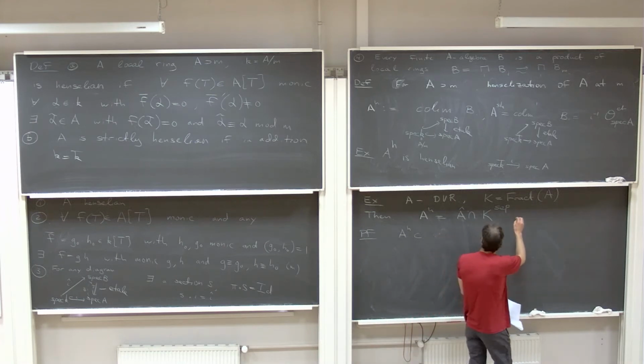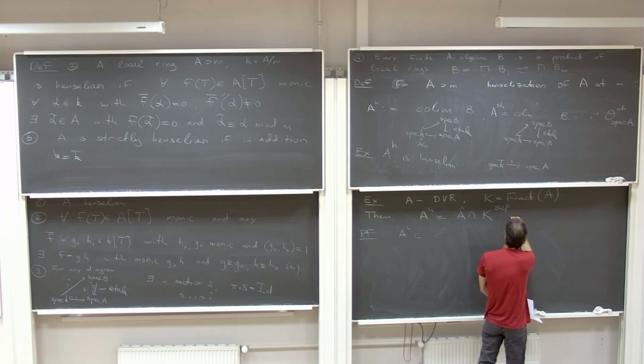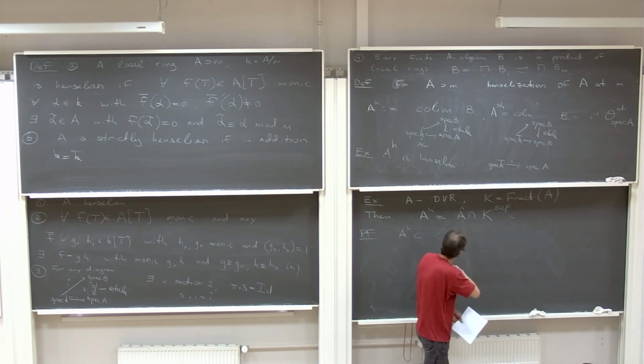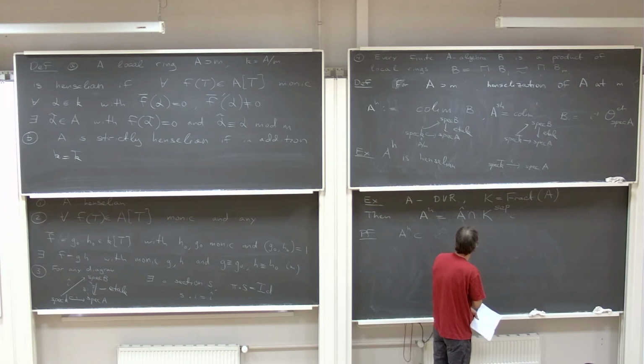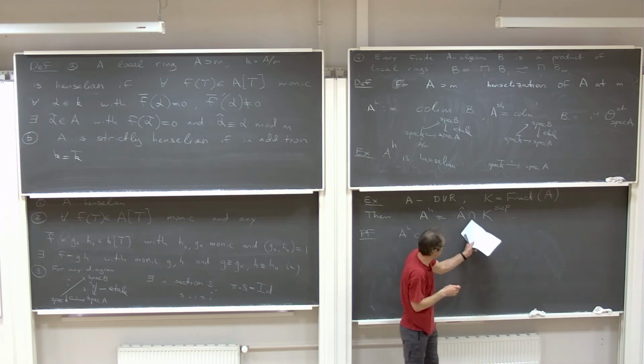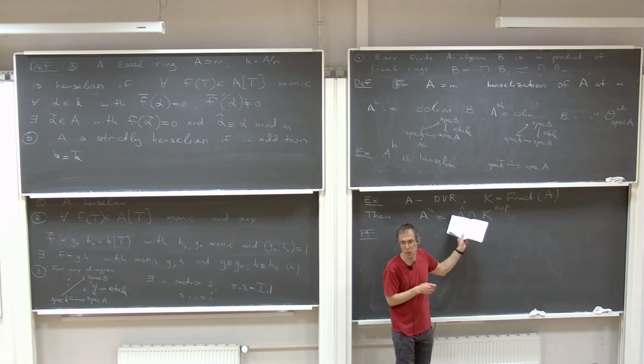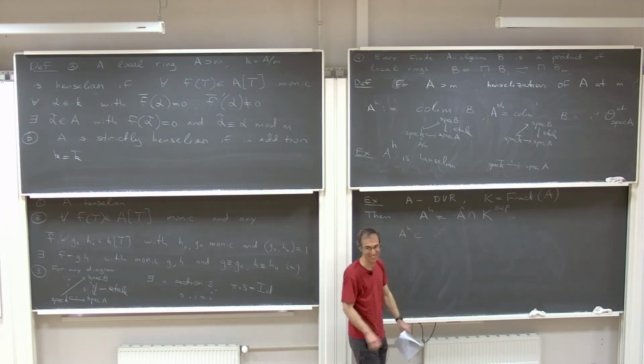I take the limit where I take the intersection. This intersection is in. Do I have to explain it? I don't think so. It means you just take all elements which are algebraic and separable over K. Okay, I don't care.